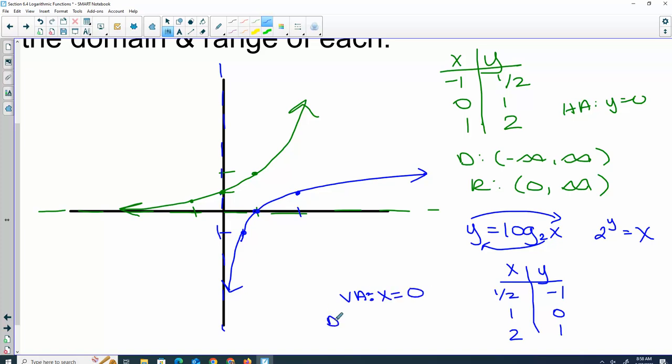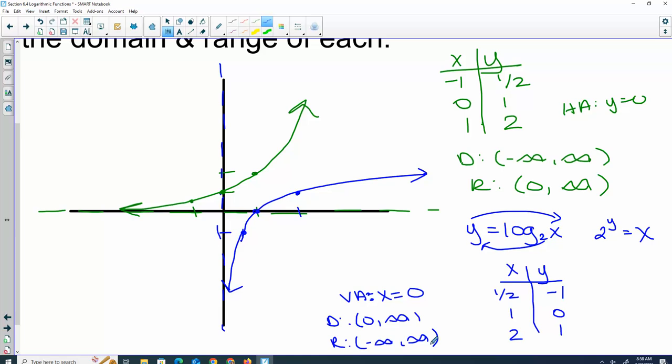The domain of the log, I already told you it was just positives, but we see it's 0 to infinity because that was the range of the exponential. The range of the log goes down and up forever, negative infinity to positive infinity, because x and y are just flipped. So exponentials and logs are inverses of one another.